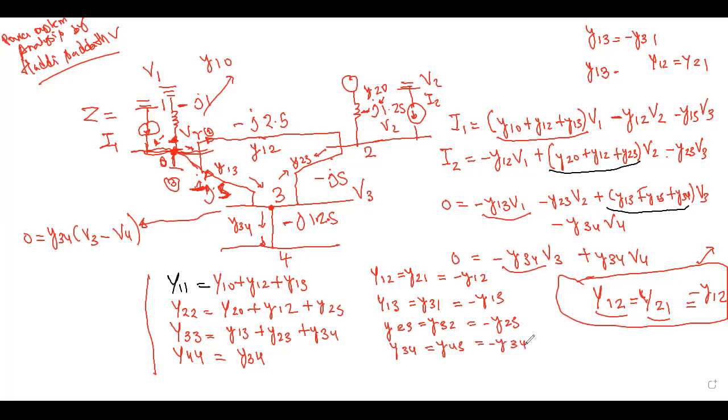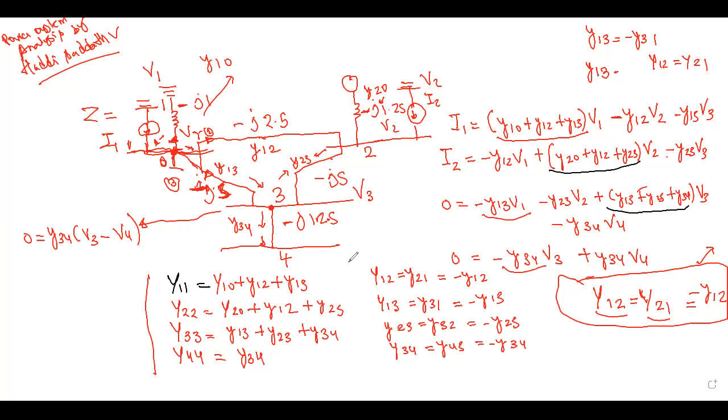Now I can arrange this whole equation in the form of a matrix. If you look at the above equation, there is no connection between bus 1 and bus 4. So there is no direct connection, and we can write that y14 and y41 are equal to 0.